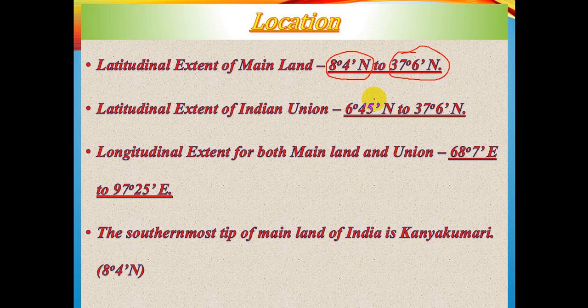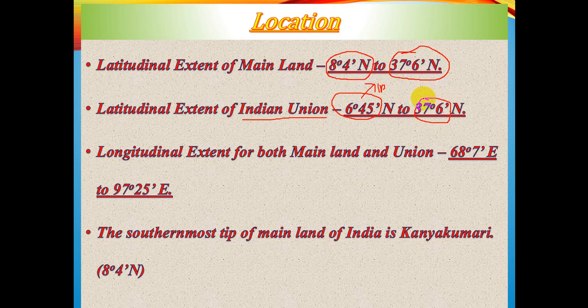Now we have two island groups. When we include both the island groups, we are considering it for the Indian Union. So the southern tip of Andaman and Nicobar is at 6 degrees 45 minutes north. That is the Indira Point region. And obviously the northern edge of Jammu and Kashmir is 37 degrees 6 minutes north.